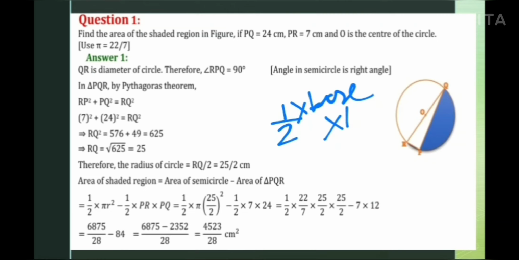If you do the subtraction, you will get this region. Okay, after getting this region, add the area of the triangle with it. So look at here, area of circle minus area of sector. After the subtraction, you will get this green portion.